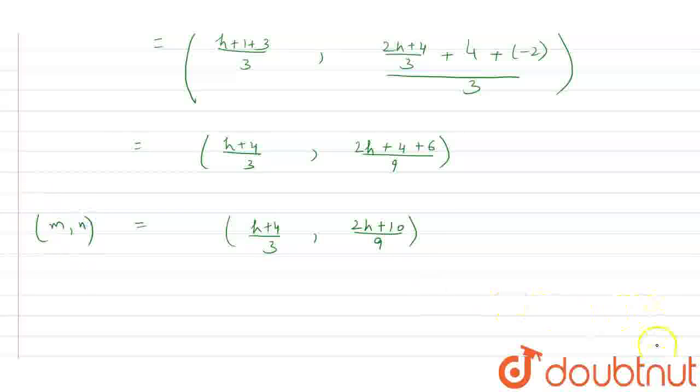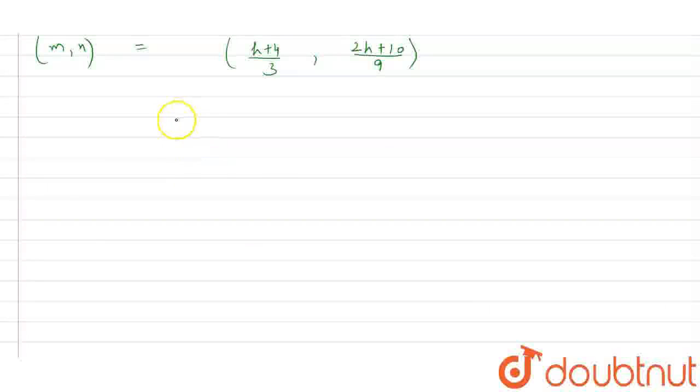Now if we compare m to the x coordinate, which is (h plus 4) upon 3, then from here the value of h will be 3m minus 4, right? Similarly, from the y coordinate, n is (2h plus 10) upon 9, right?